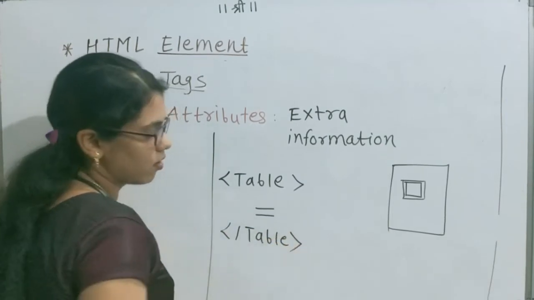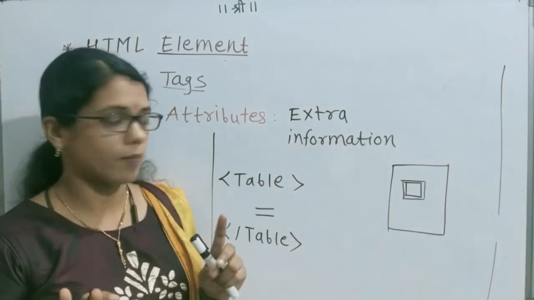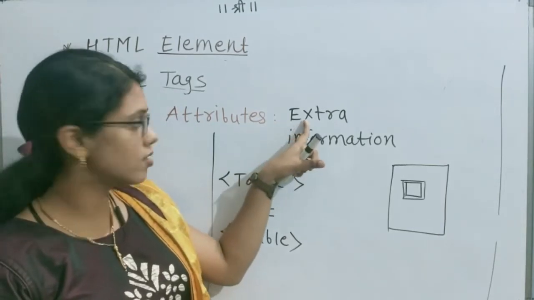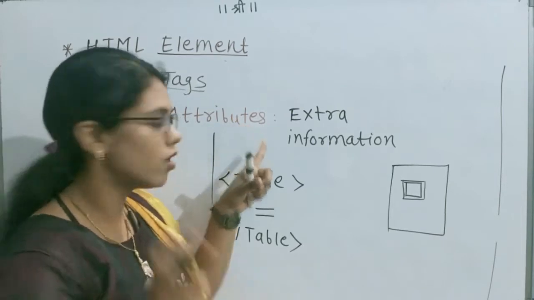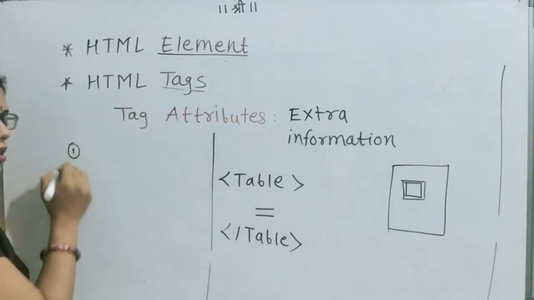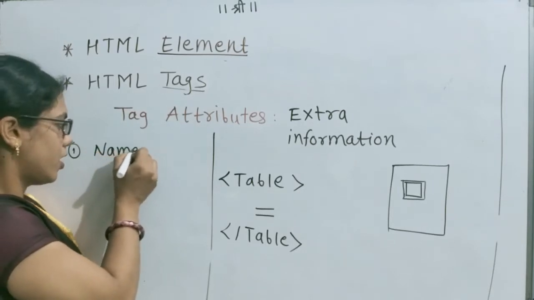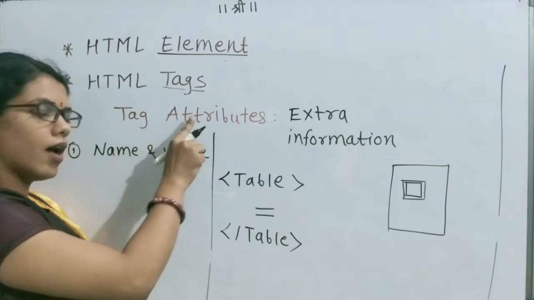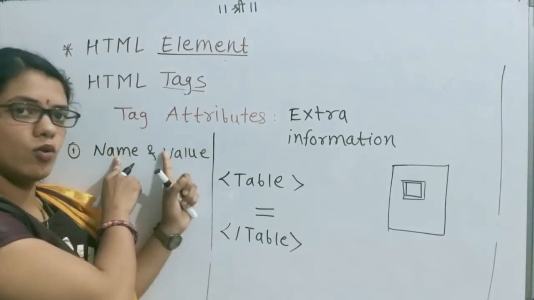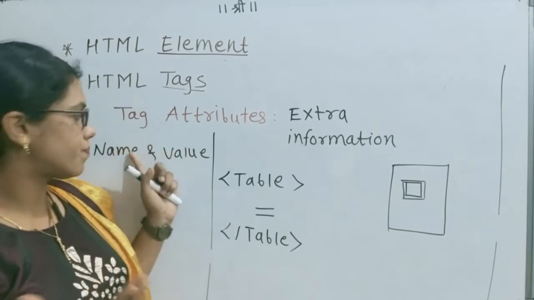But a simple tag is not giving extra information. Extra information is given only by the attribute concept. So what is an attribute? The first rule of attributes is that they always come in name and value pairs. Name means the attribute name, and value means the path or source of that attribute.